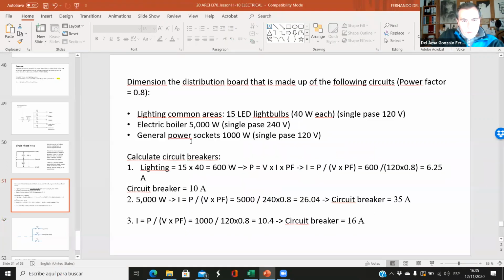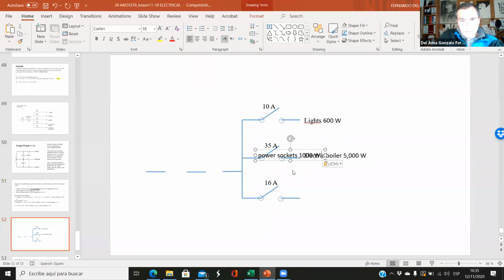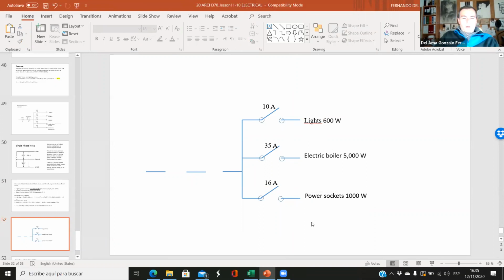And the last one was the power sockets, 1,000. Okay, quite easy. Those are the circuit breakers.